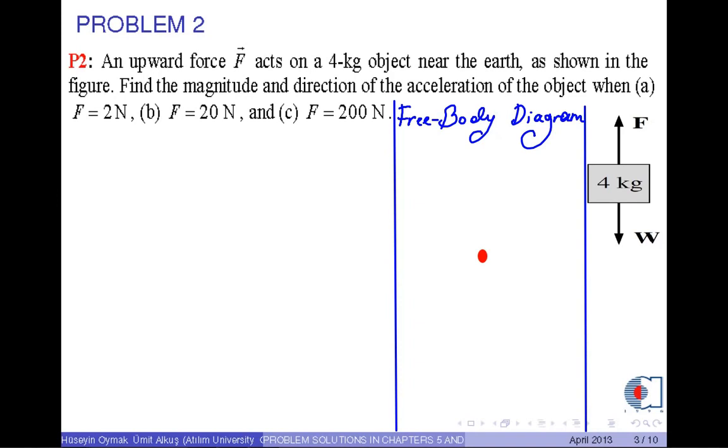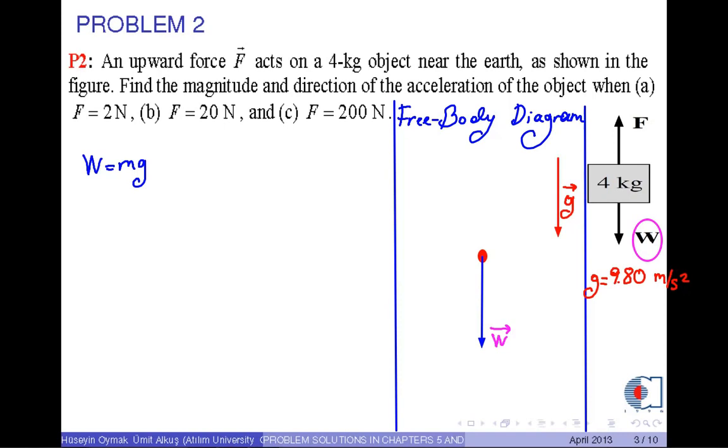The natural force is the gravitational force due to the Earth, and it is in the downward direction, denoted by W. Since the object is near the ground, then we take the gravitational acceleration g as 9.80 meters per second squared in the downward direction. Then W equals m times g.